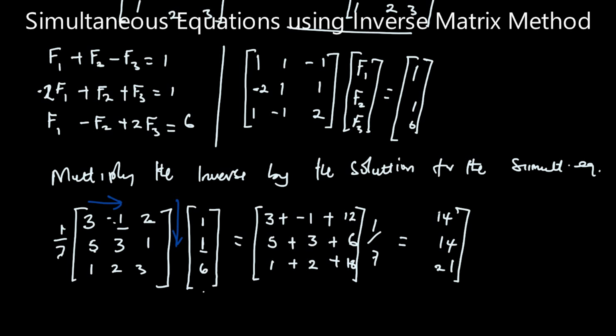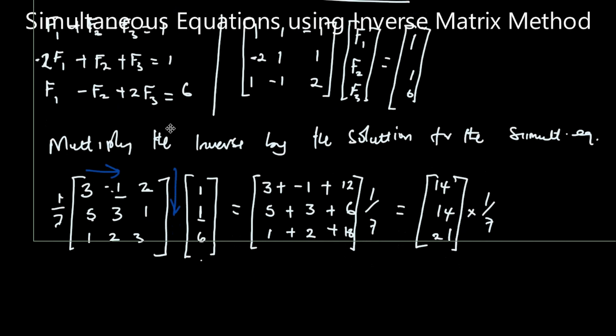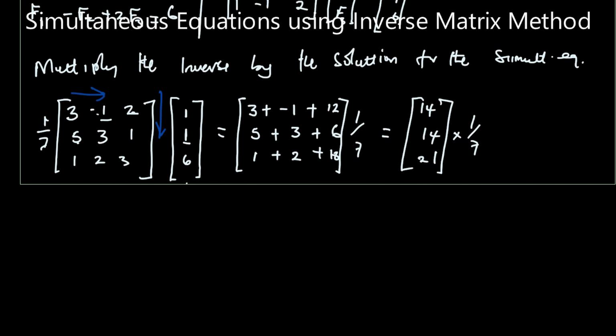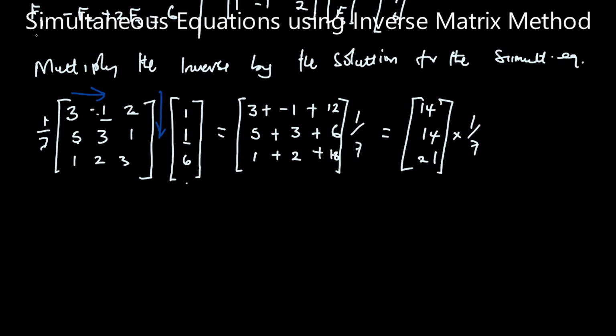So we multiply this by 1 all over 7, and this simply means you multiply each element by 1 all over 7, and this will give us 14 times 1 over 7 is 2, 14 times 1 over 7 again is 2, and 21 times 1 over 7 is 3.